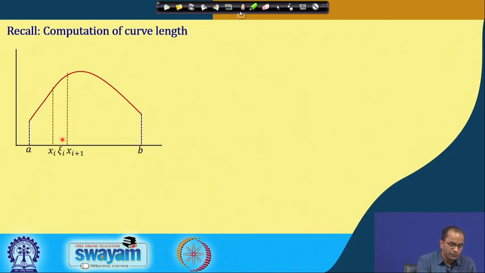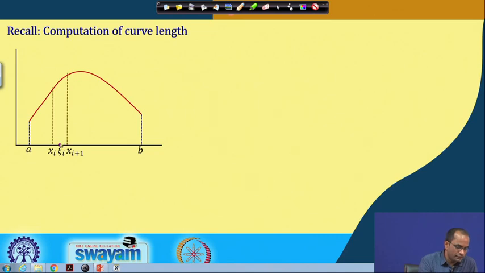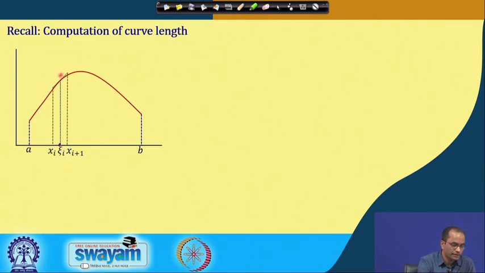Let us consider this point xi_i within the interval x_i to x_(i+1), and corresponding to this point we draw the tangent at the point (xi_i, f(xi_i)). If we add the lengths of this tangent for all the intervals, and later take the limit as the width of these intervals goes to 0, we will end up getting the curve length.